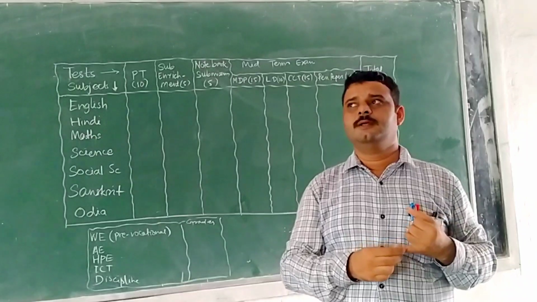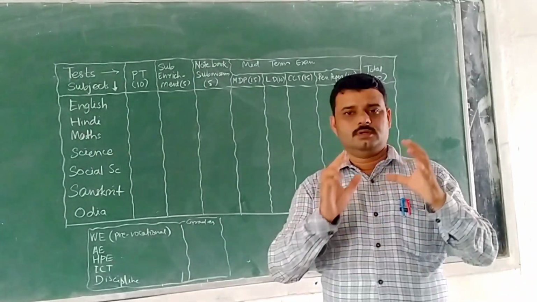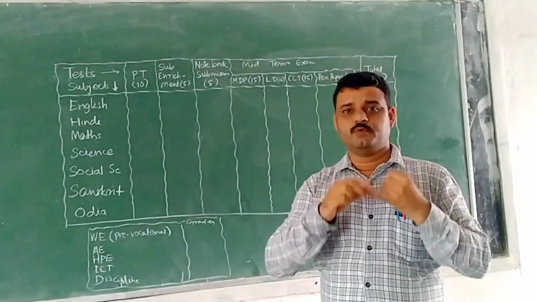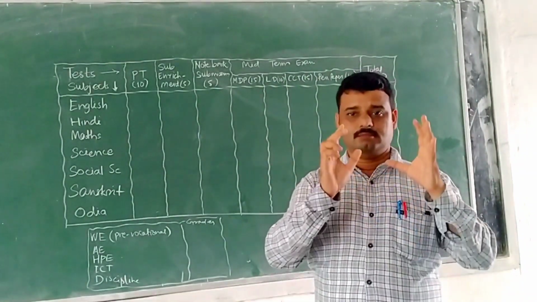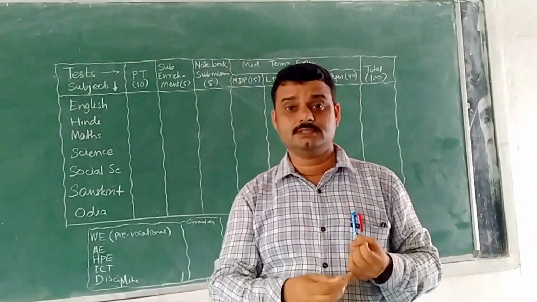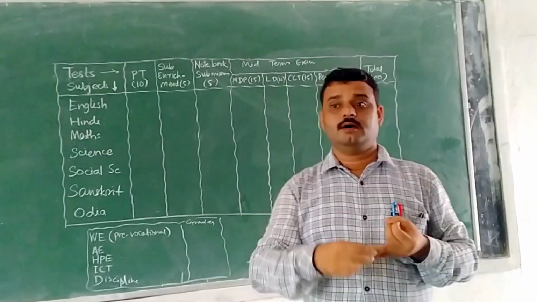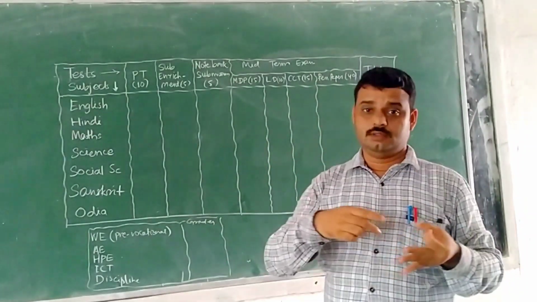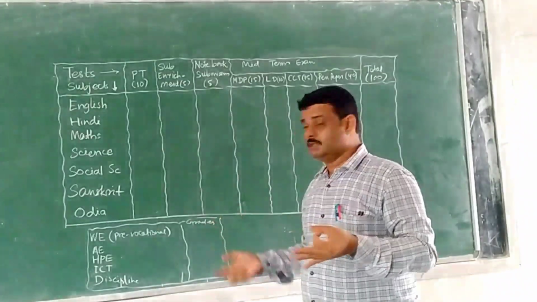For example, the topic is food. Then the topic food might contain paragraph writing for English, Hindi, or the recipe and the making of the food procedure. There's an elaboration that may be in English.